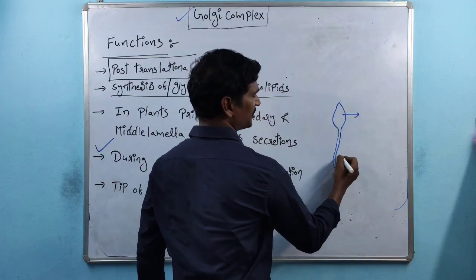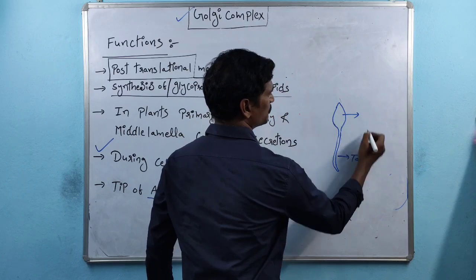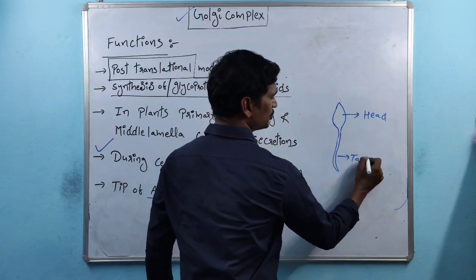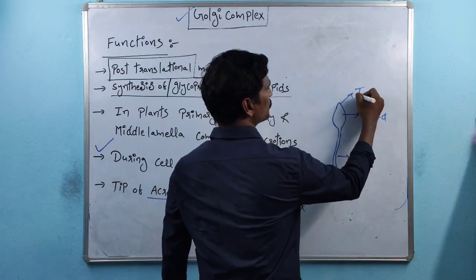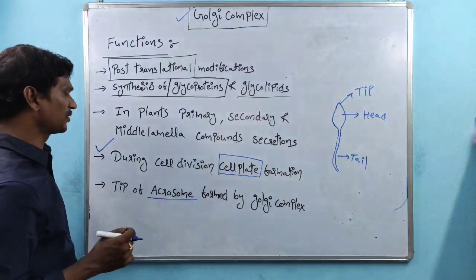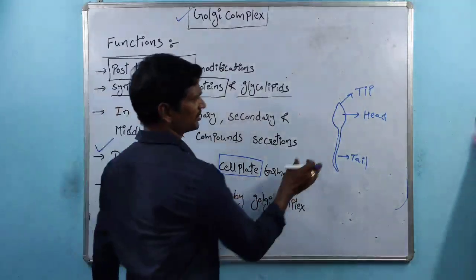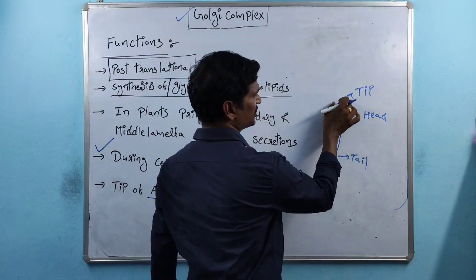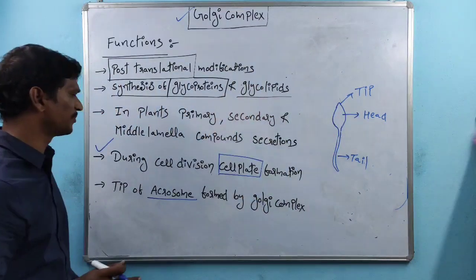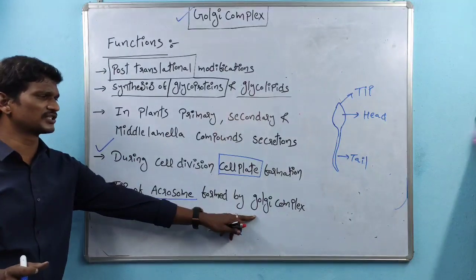This part is called the head part, and this part is called the tail part. There is a tip part. This part is called the tip part, the tip of the acrosome. This is the acrosome structure. See, the tip part is especially synthesized by the Golgi complex.